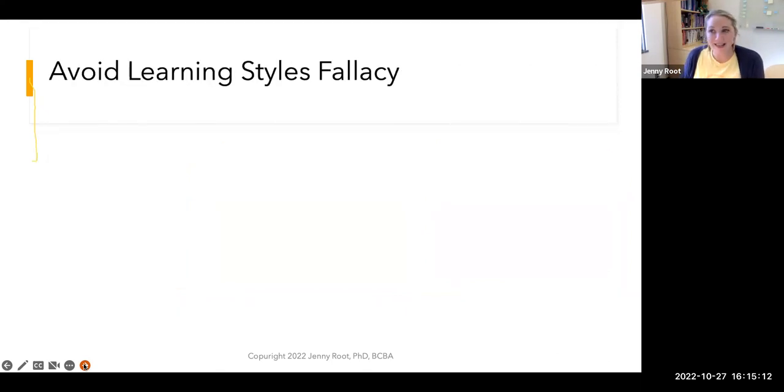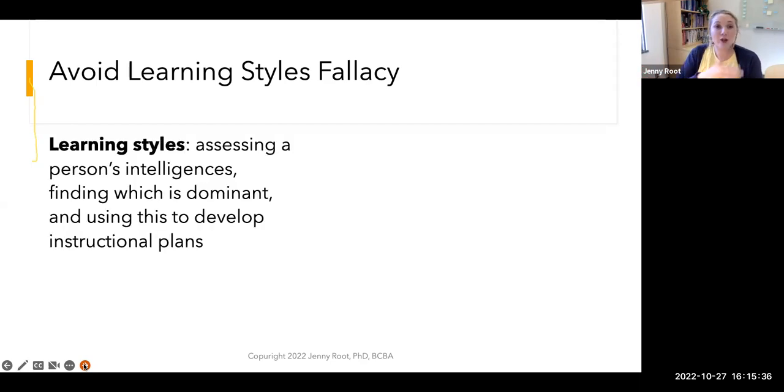What is not strengths-based teaching is learning styles. Even though it seems on the surface like, well, I want to know how my student learns, what their preferences are, so let me figure out what their learning style is and then tailor instruction to them. On its face, that seems like it makes sense.